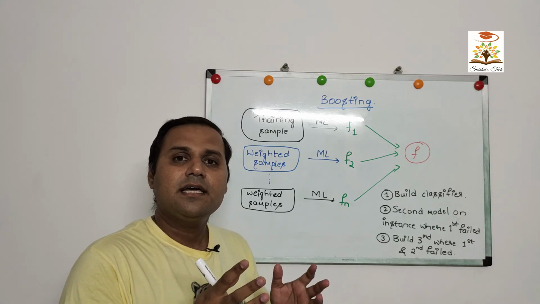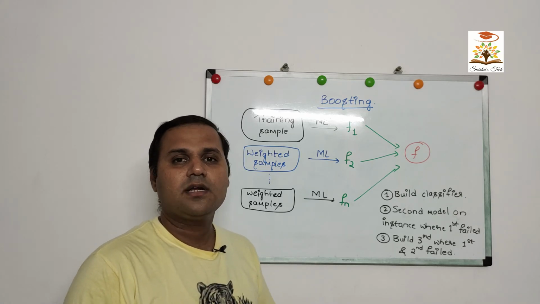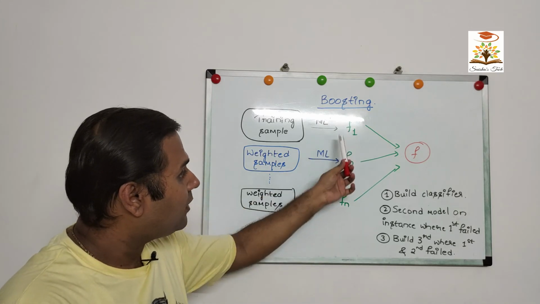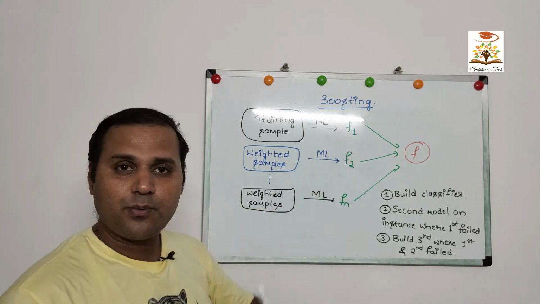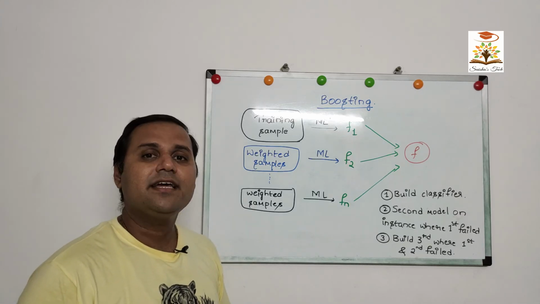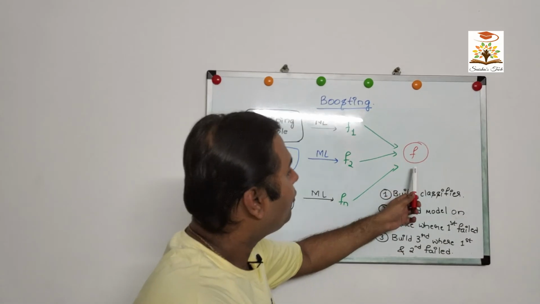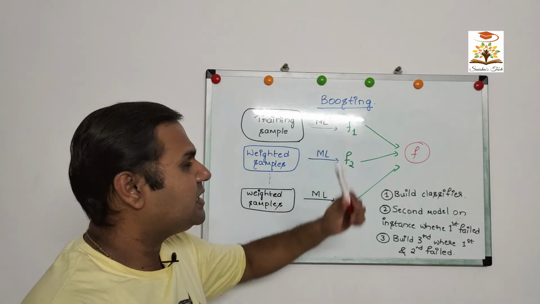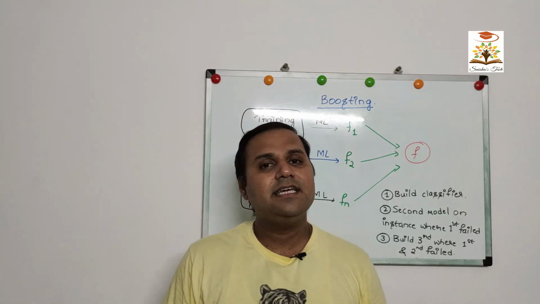Once we achieve that accuracy or MAPE, we accumulate all the output values from F1 to Fn and we provide the output F. This is how a boosting type of ensemble model is applied.